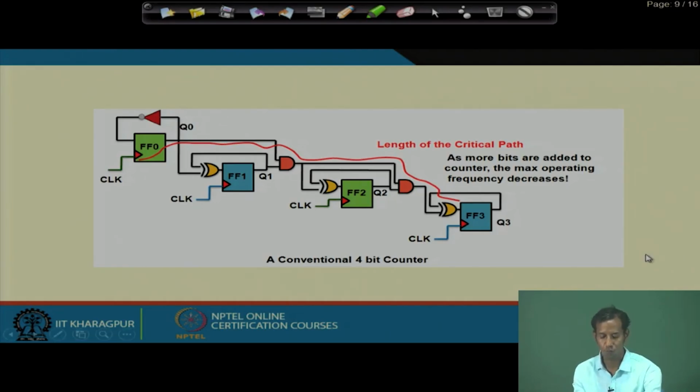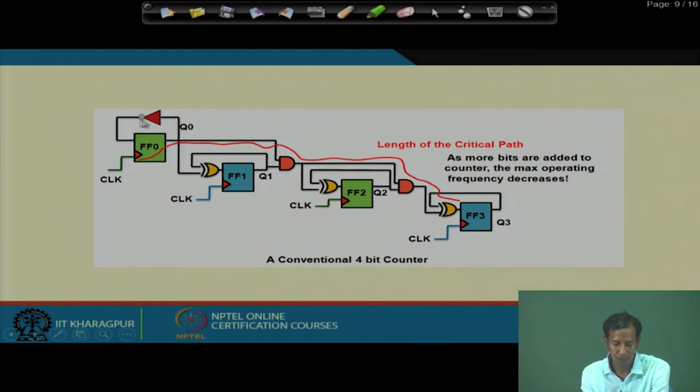So, this is a conventional 4-bit counter. Whenever we consider this conventional 4-bit counter, it counts up, let us say it increases by 1. There will be these flip flops and the inputs will be connected like this.